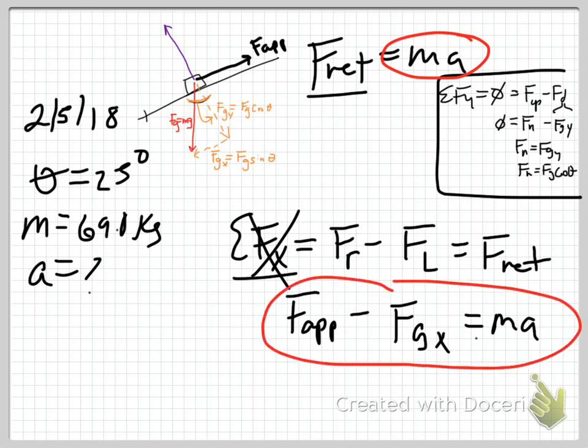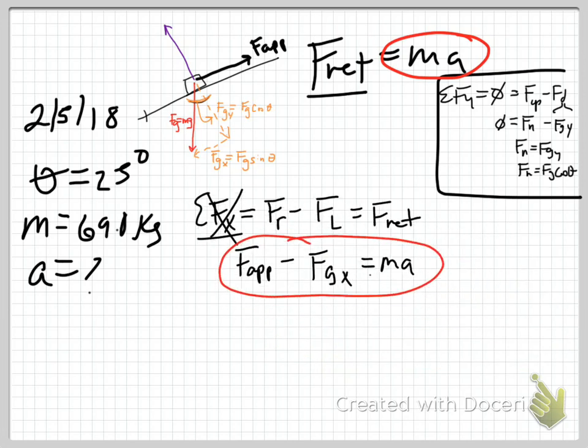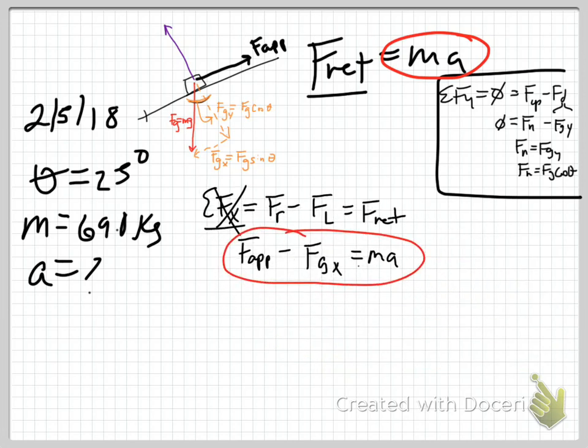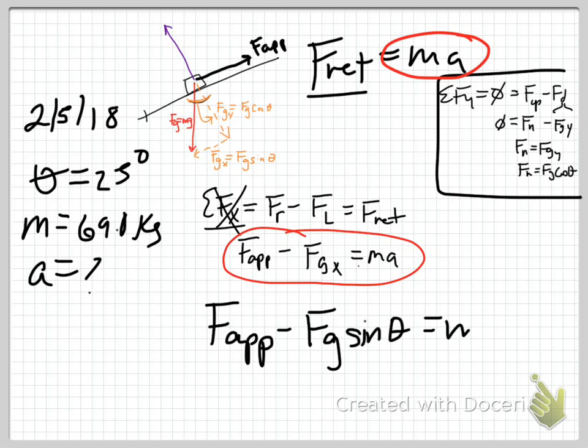So this is where everything else is going to flow from. I'm going to shrink this. So force applied minus, well, we know we have an expression for FGX, Fg sine theta equals ma. Can we take this down any further?